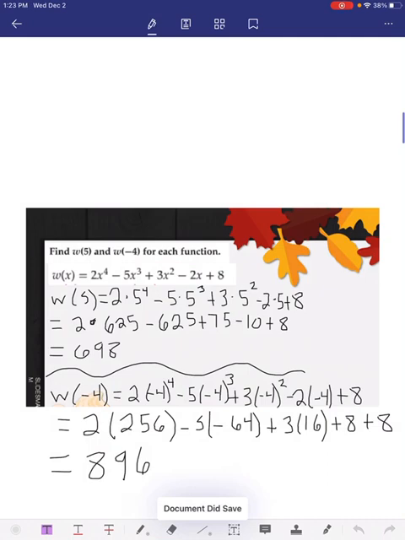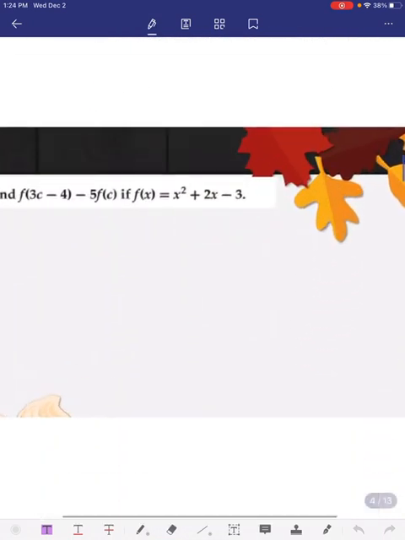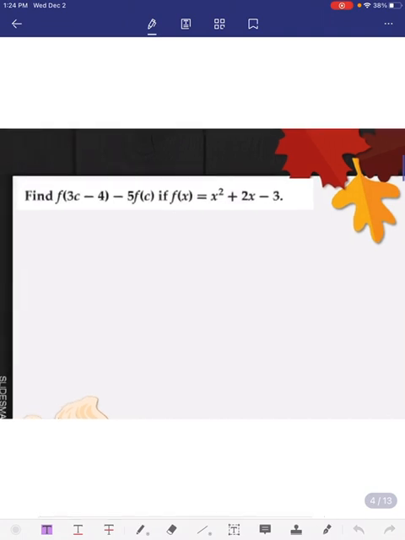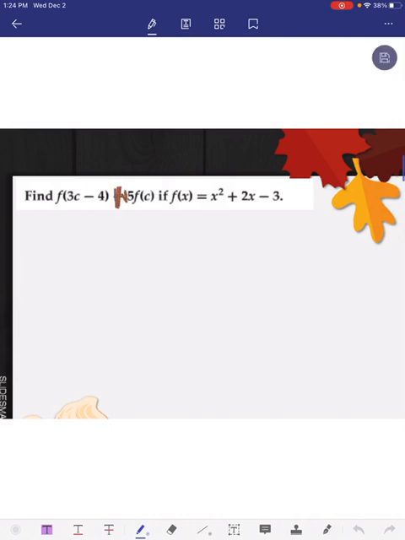All right, so that's if we are evaluating our function at just a number. We can also evaluate a function at an expression. So notice here, I want us to go ahead and just find this first part.